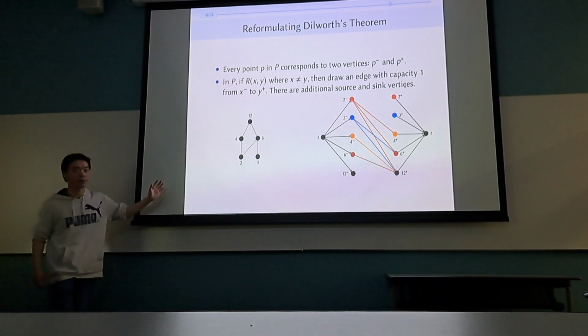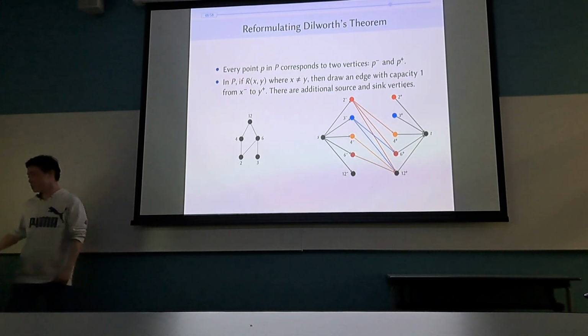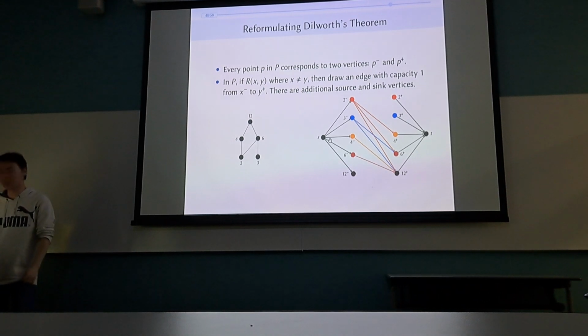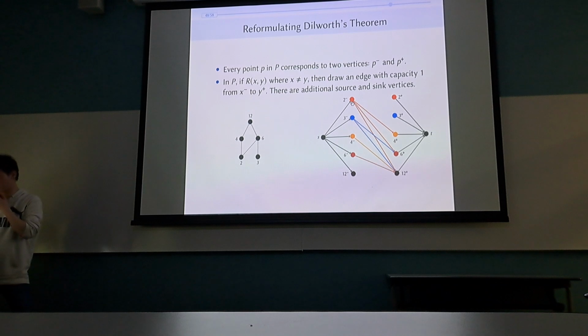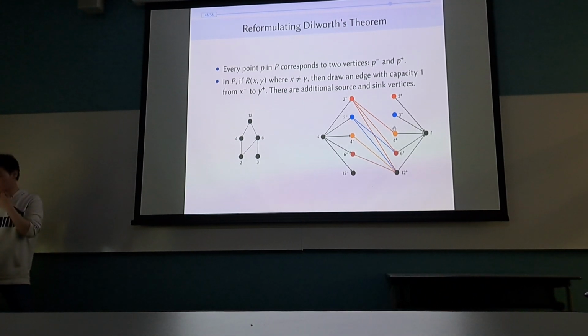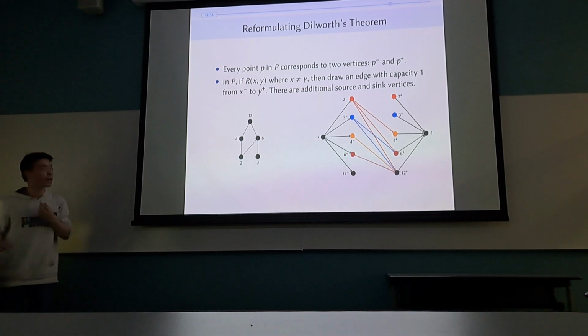Every single edge will have capacity 1, and I've also just color-coded them to make things a little nicer to look at. So notice that 2 is related to 4, 6, and 12. So the edge from 2 minus will be connected to 4 plus, 6 plus, and 12 plus.